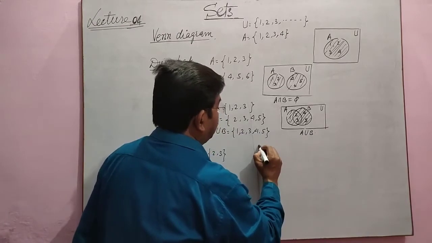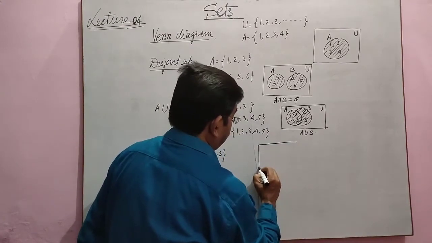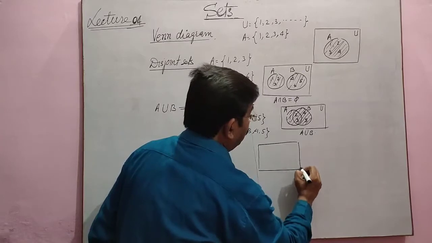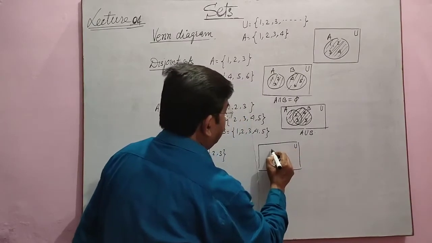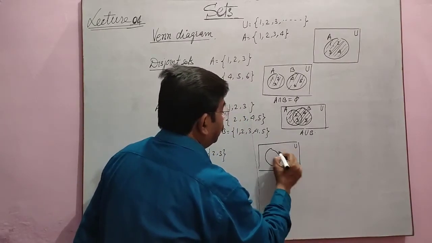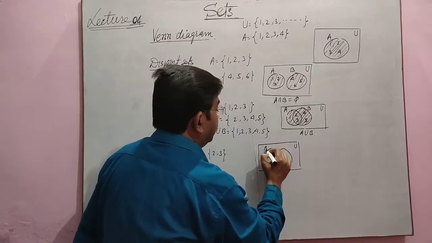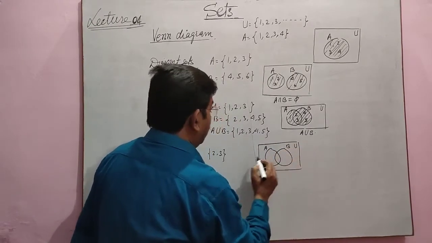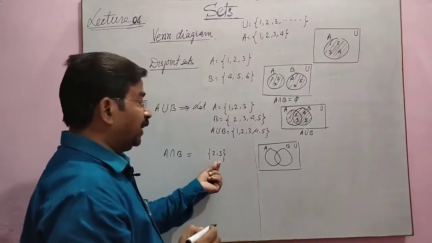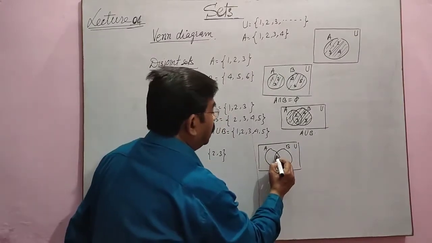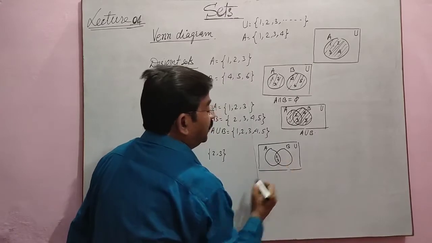Like I am forming this Venn diagram. This is universal set. This is set A and this one is set B. And what are common? 2 and 3 are common. So write in common portion 2 and 3.